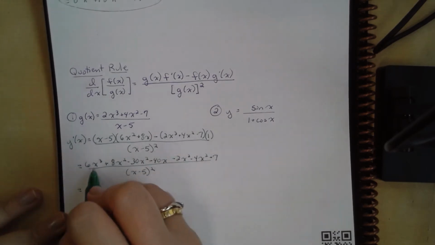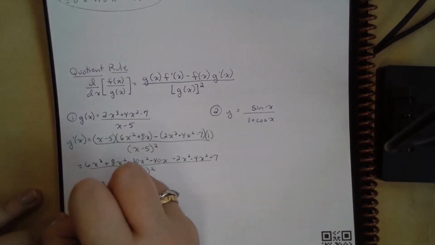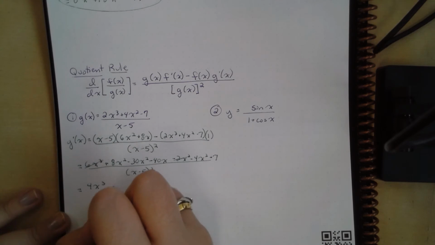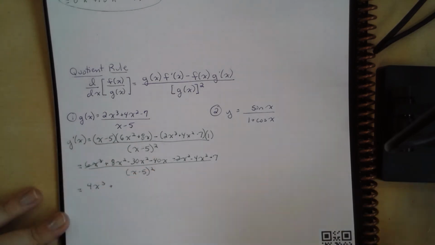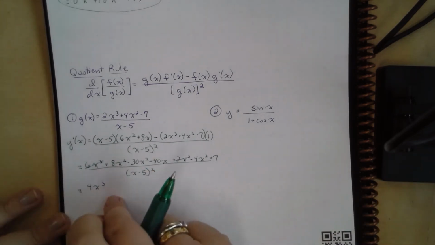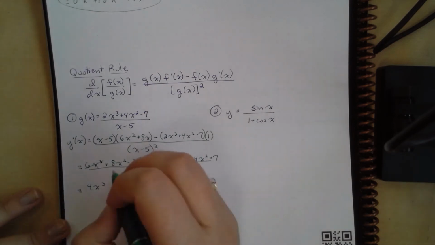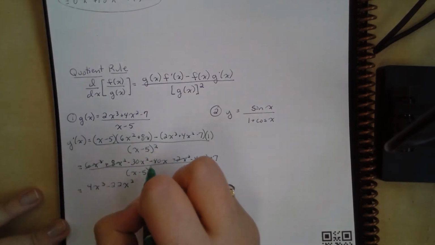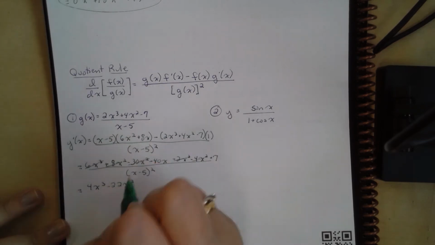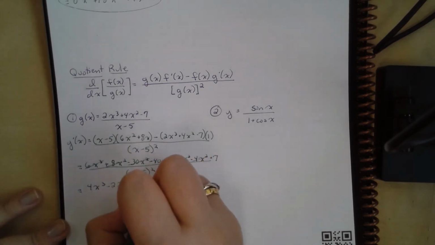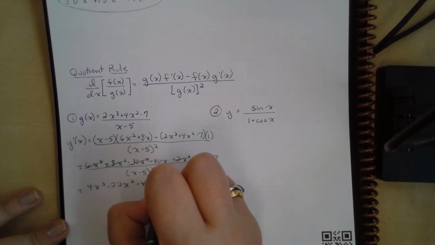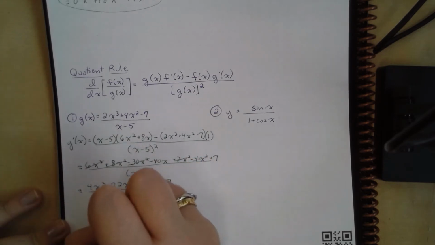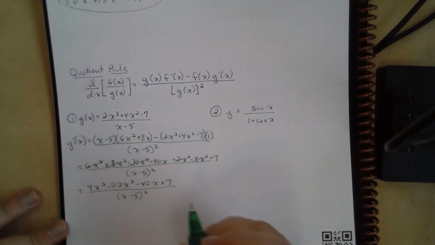So that's going to be equal to 4x cubed, 30 minus 8, we're going to have minus 22x squared. Oh, I had plus the 4. Good. Minus 40x plus 7, all over x minus 5 quantity squared.